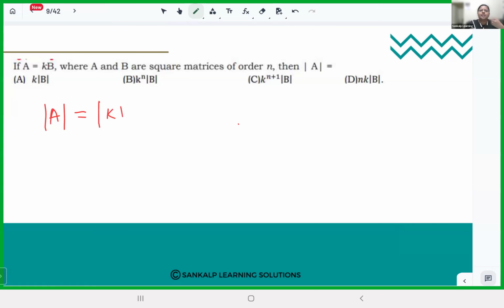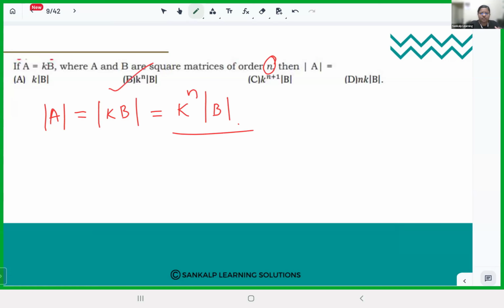And what is this K? K is a scalar number. So you can apply the property K power n into determinant of B, since A is a square matrix of order n. So B is the answer.